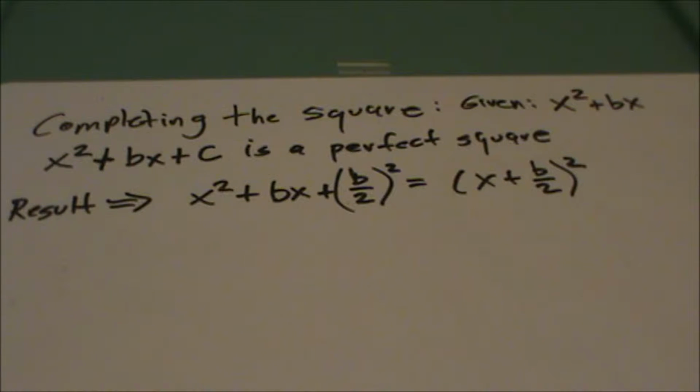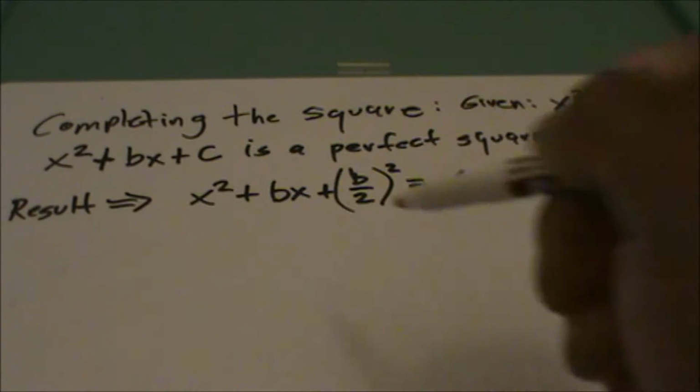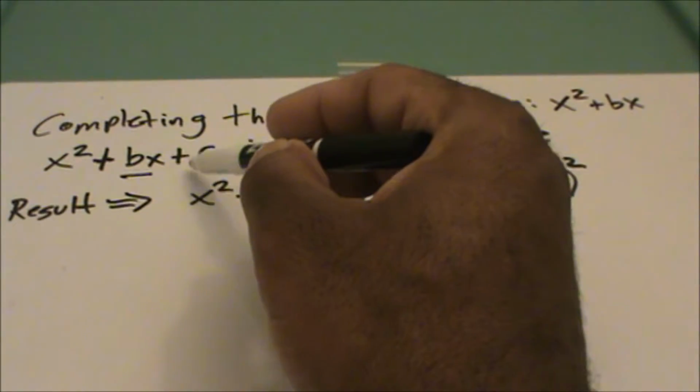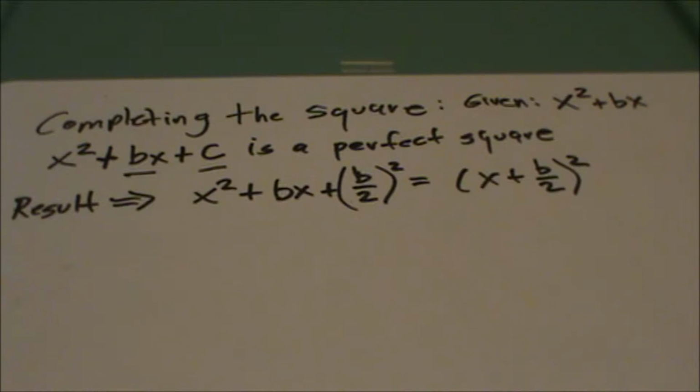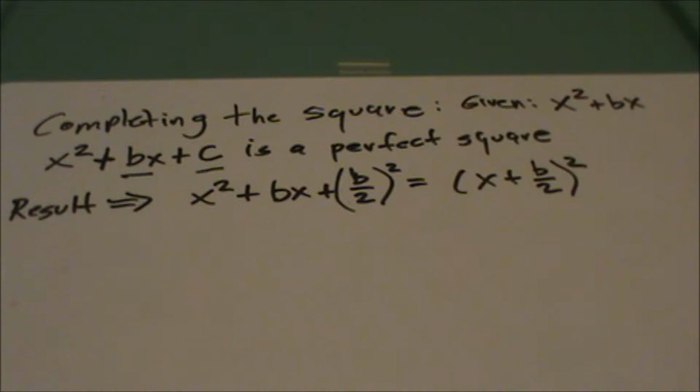When finding the solutions for completing the square, you have to remember that the trinomial will be in the form of a perfect square. The middle term and the third term will have the same values, for the middle term as well as for the last term, which is the c.